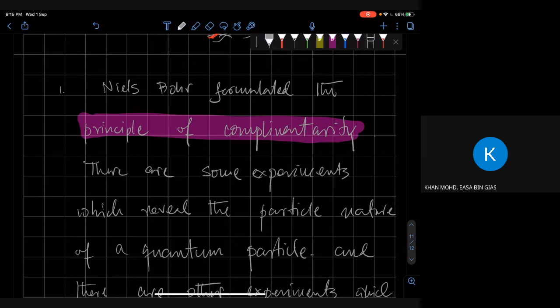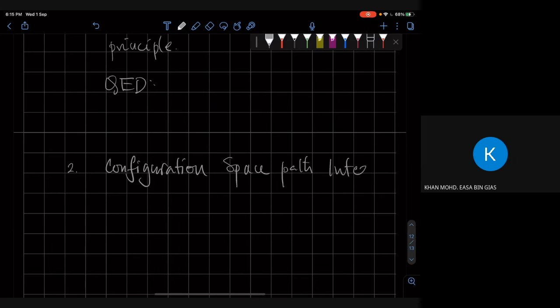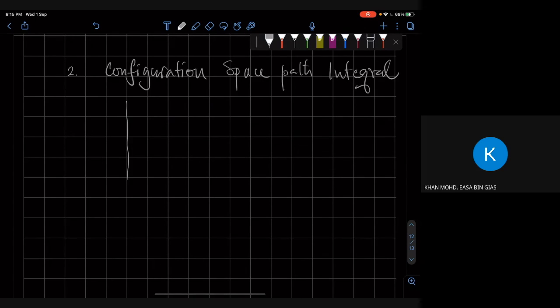Comment number two is that the configuration space path integral consists of paths which are smooth as well as zigzaggy.